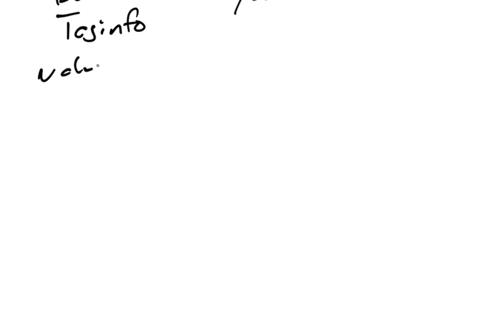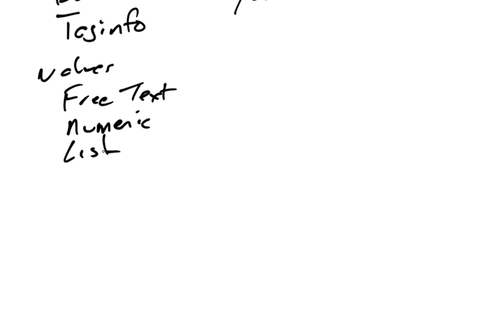Values can be free text, they can be numeric. We can have lists, and lists are usually comma separated.